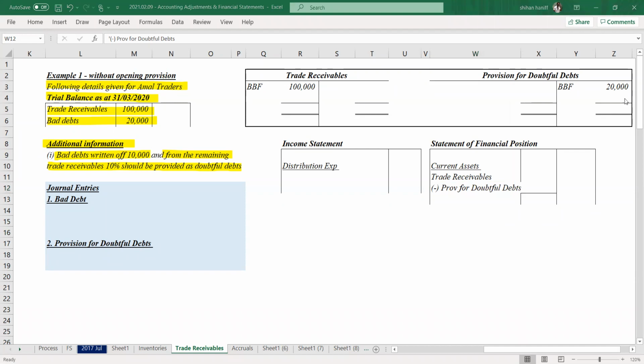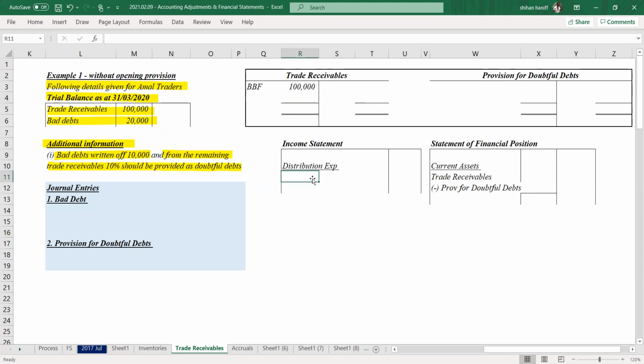Also, sir, 20,000 opening balance, no? There is no opening provision. That is bad debt, 20,000 is bad debt. Sorry, I didn't see that. Thanks. So 100,000 opening balance of trade receivables, and the bad debt is 20,000.